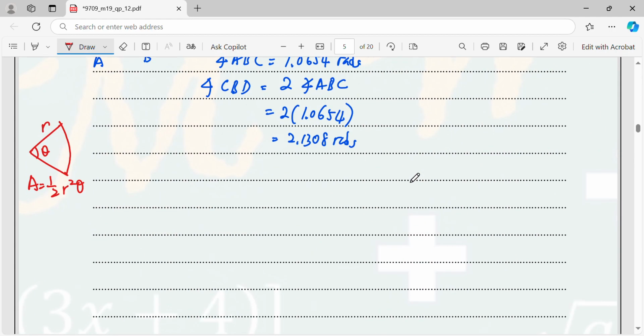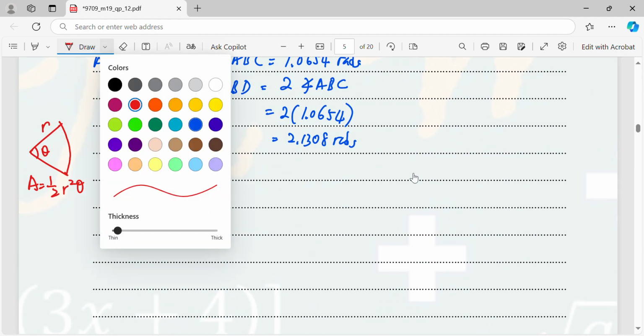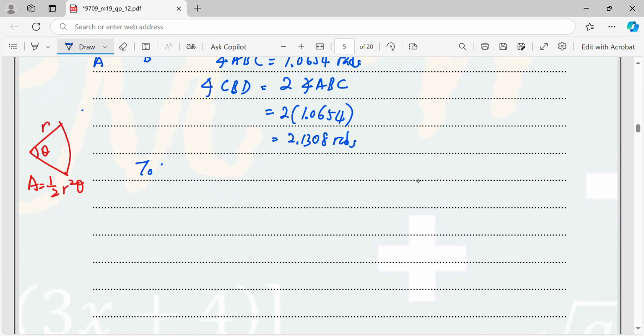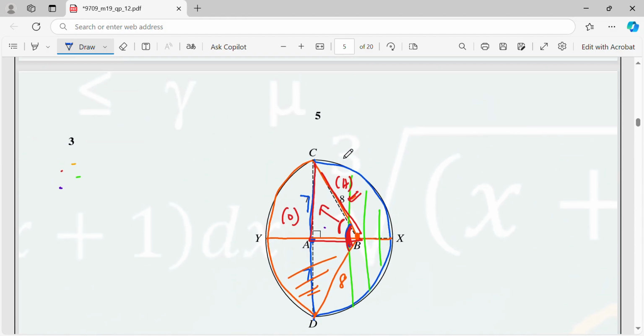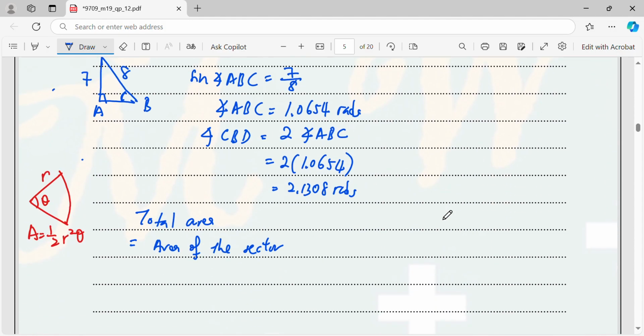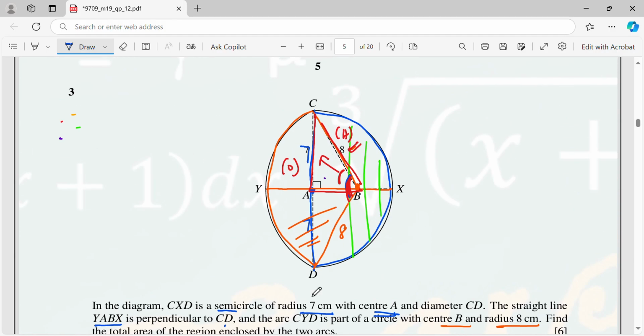So I will write total area equals area of the sector CBDY plus area of semicircle CXD.